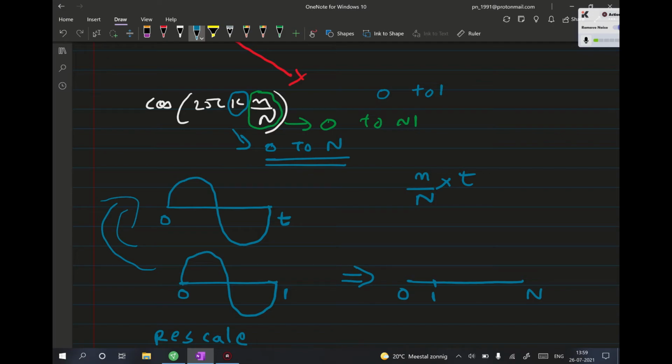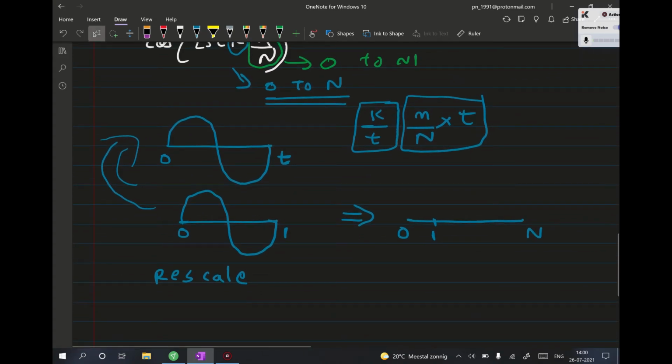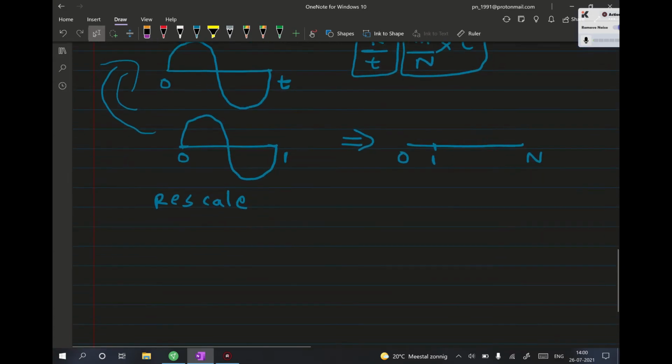But if I change this term by a factor of t, I need to account for this change in the k variable by dividing it. So that is what you would do after doing the transformation.